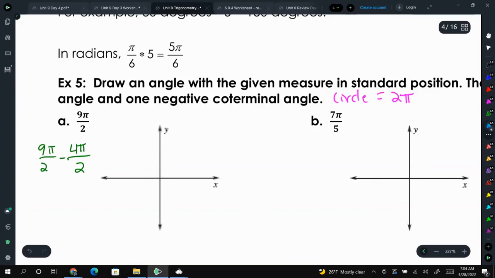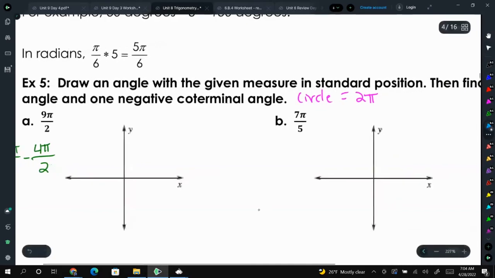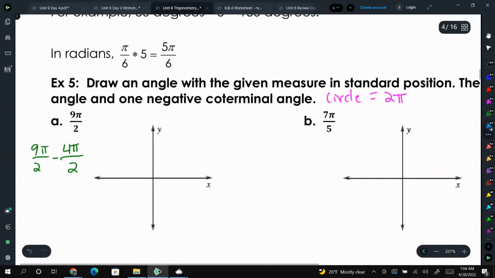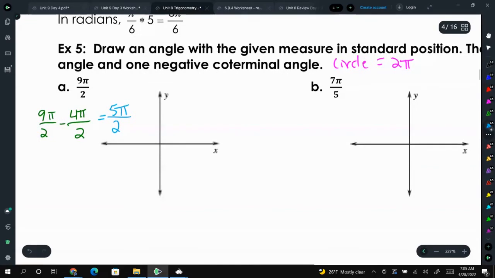Which is a full circle. That is also something that is going to be used frequently. So now that the denominators are the same, we can say 5 pi over 2. So that's my positive coterminal angle. Now if I do 5 pi over 2 minus 4 pi over 2, that is going to equal 1 pi over 2, or just pi over 2.